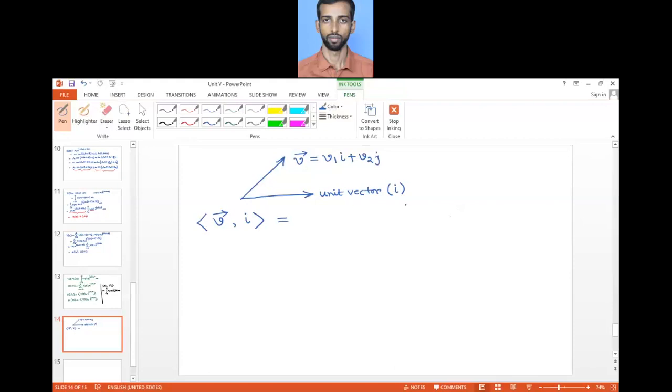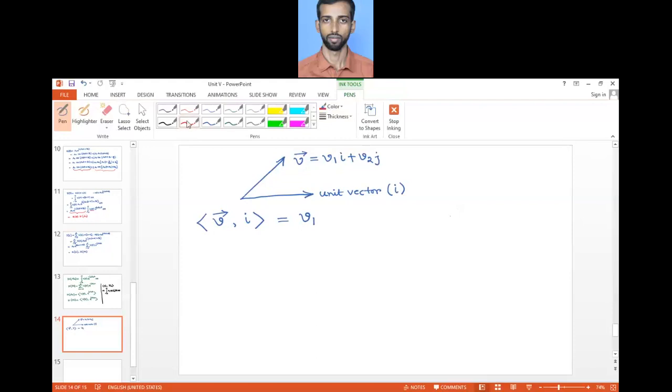So I can be represented as I comma 0, and v as v1i plus v2j, and since I and j are orthonormal basis functions, the inner product or dot product between these two vectors will give you v1. So what is that v1? V1 is the component of this particular vector along this unit vector I.